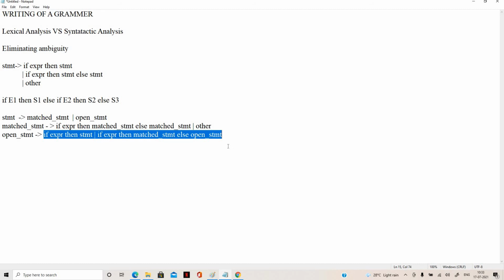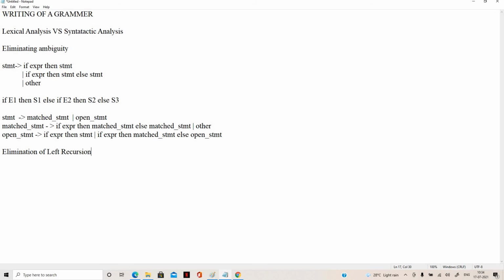The next topic is elimination of left recursion, which comes under writing a grammar. A grammar is left recursive if it has a non-terminal A such that there is a derivation A tends to A alpha for some string alpha.